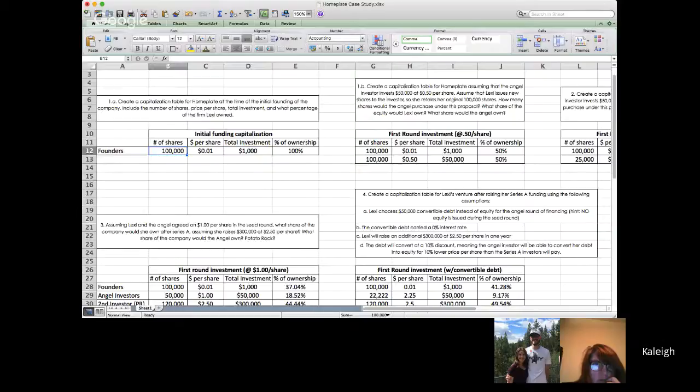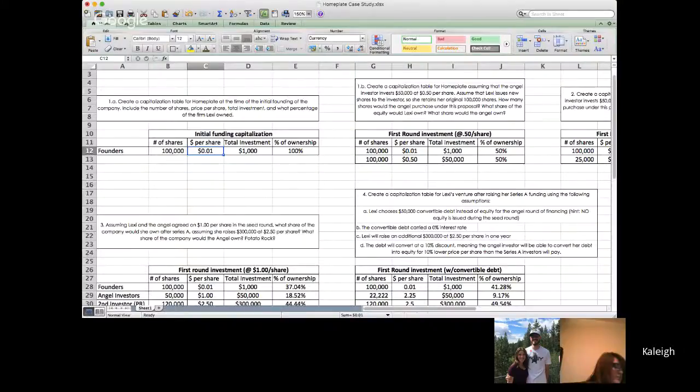So in order to find how much it costs, you just divide this by this. And that's how you find this. And then she was the only one at the time that was owning it. So she owned 100% of it.